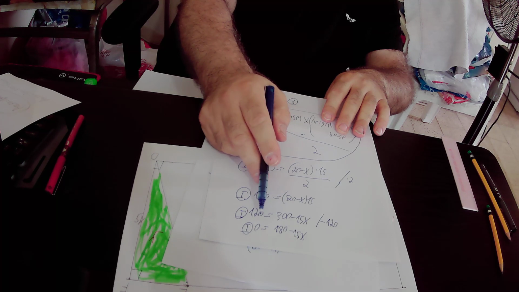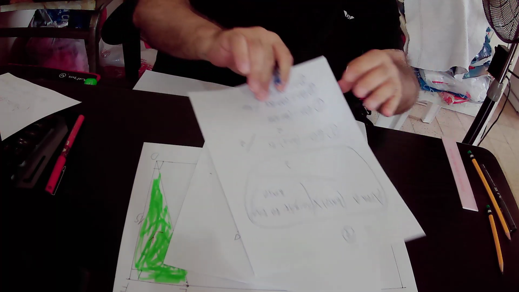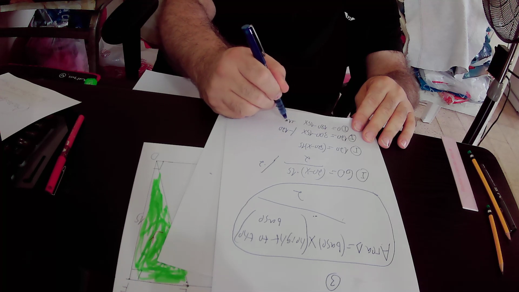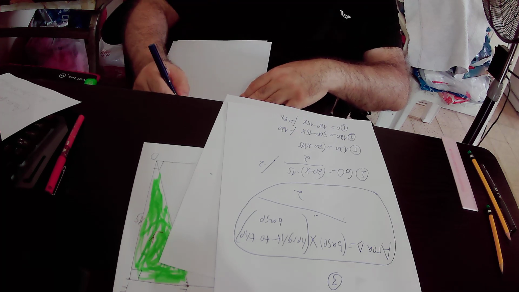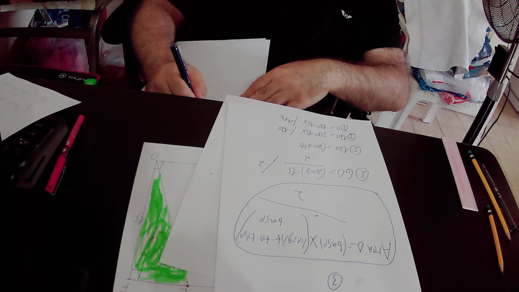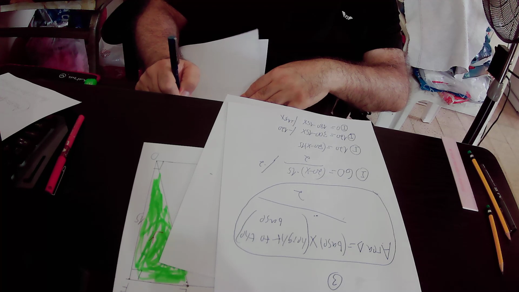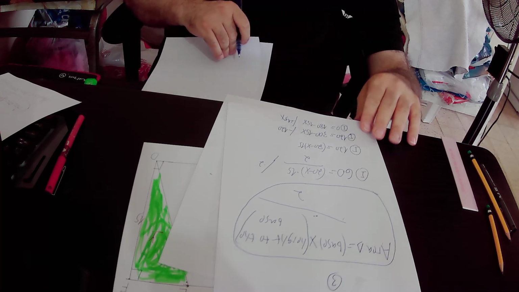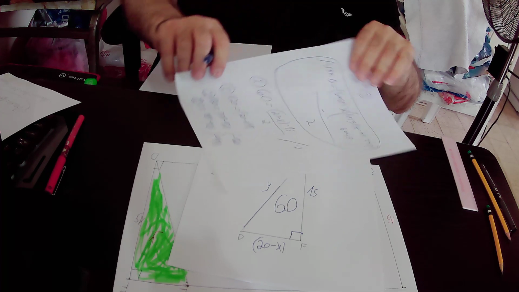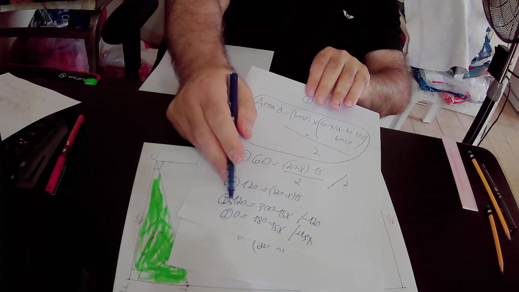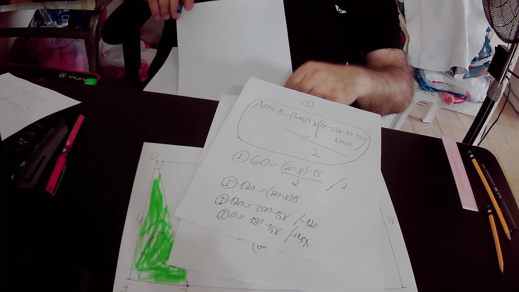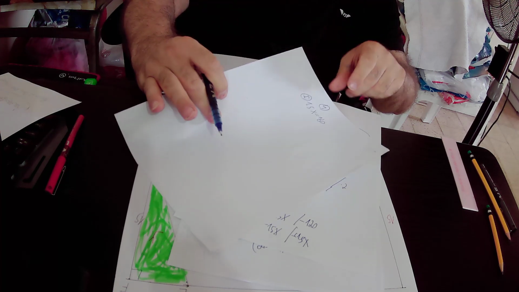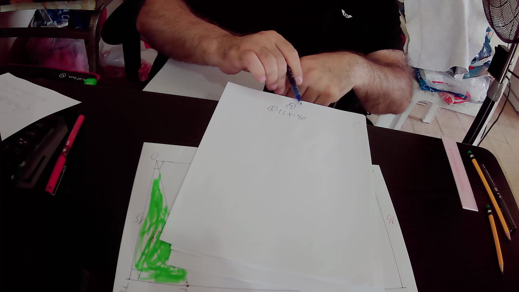Now we add 15x to this equation. 0 plus 15x equals 15x, so we get that 15x equals 180.